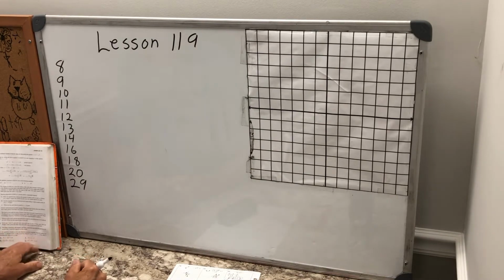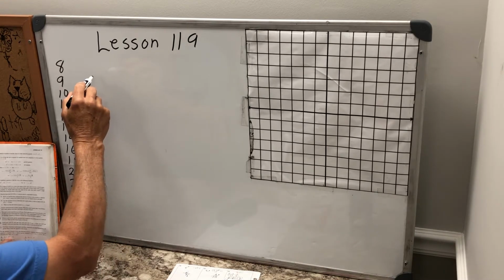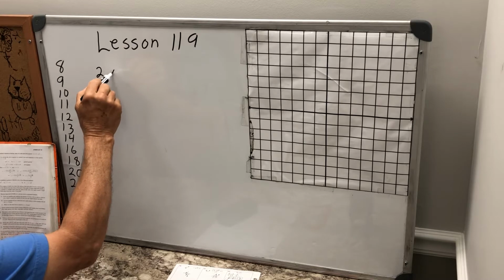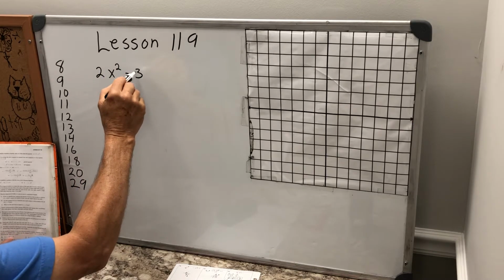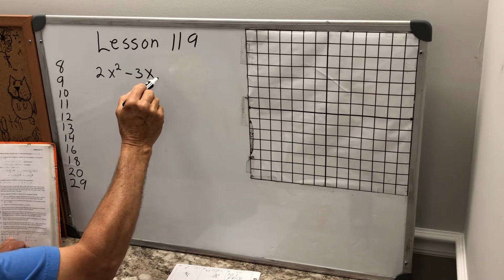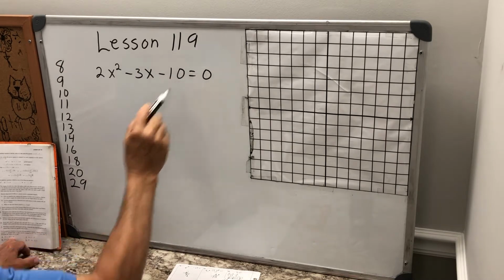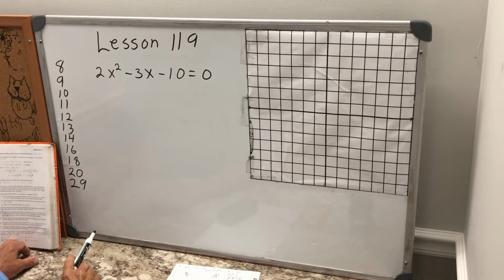Okay, but we will start then on your new stuff for today. Numbers 8, 9, 10, and 11 are the new ones. First off, we will write the 8 in descending order. So we have 2x squared negative 3x, and it is negative 10 equals 0. Write that out into that formula for 8, 9, 10, and 11.